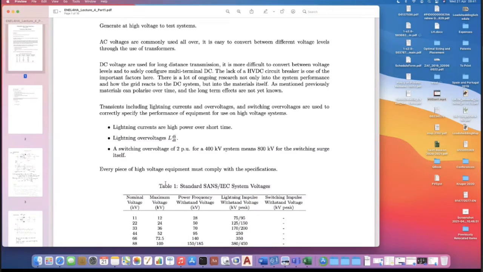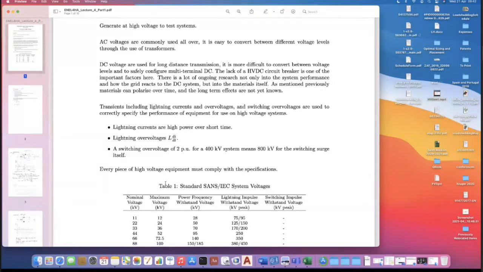Remember that AC or DC transmission lines are exposed to the environment, and things such as lightning, which is a very high discharge of current over a short period, will lead to over voltages or over currents, and that affects our system. And because our HV equipment is installed on these exposed lines, they need to be able to perform in that environment.